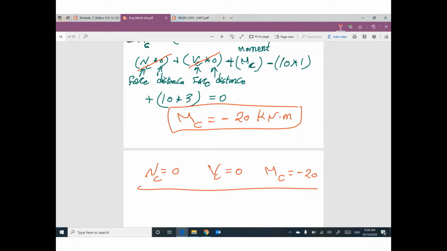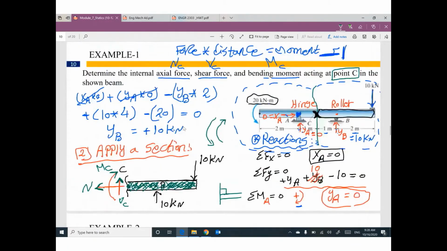I would like to remind you what was required in this problem. We are looking for axial force, shear force, and the bending moment at point C. We have 2 steps. First step, you need to figure out your reactions. Second step, you need to make a cut at point C and decide whether you are going to use the right part or the left part.